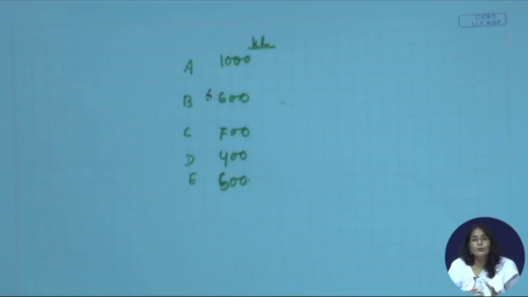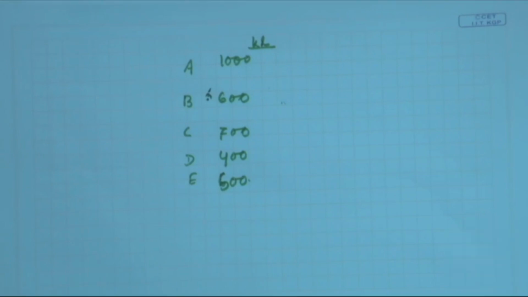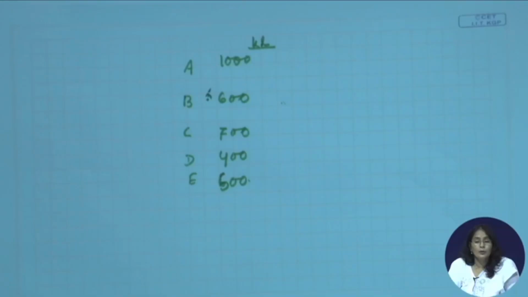They had the right to consume this much water depending upon their existing business size. So A has the maximum, 1000 kiloliters.